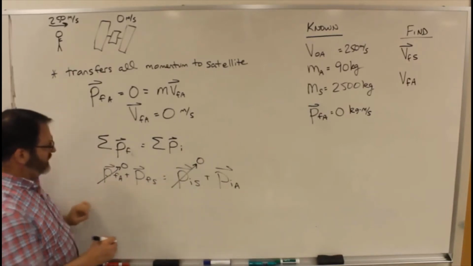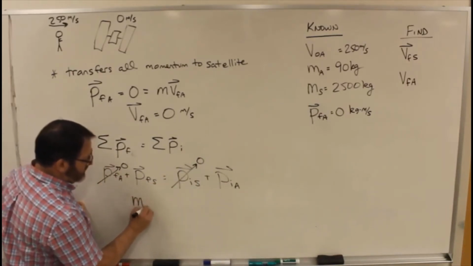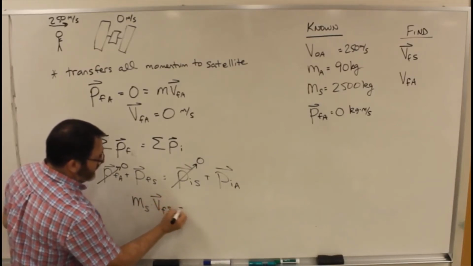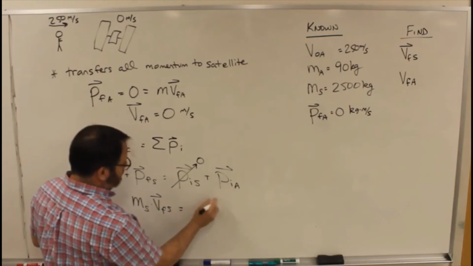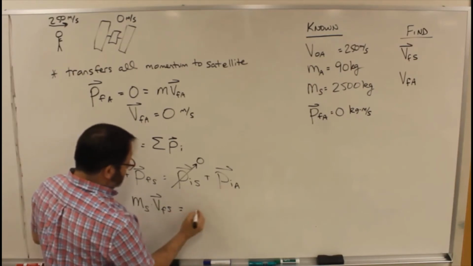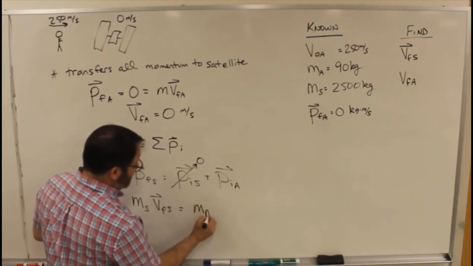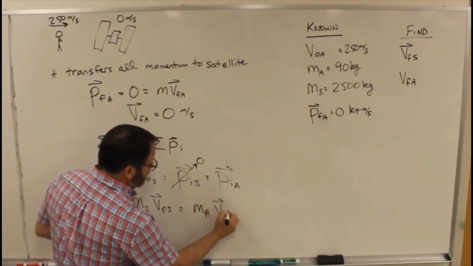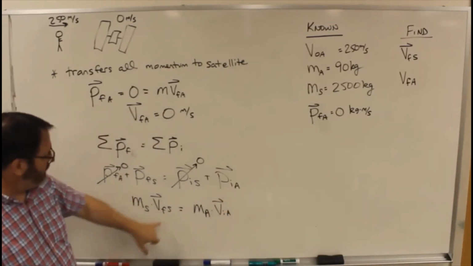So P final of the satellite, that's m satellite times v final of the satellite, has to be equal to the initial momentum of the astronaut, that's the mass of the astronaut times v initial of the astronaut. We're looking for this one.